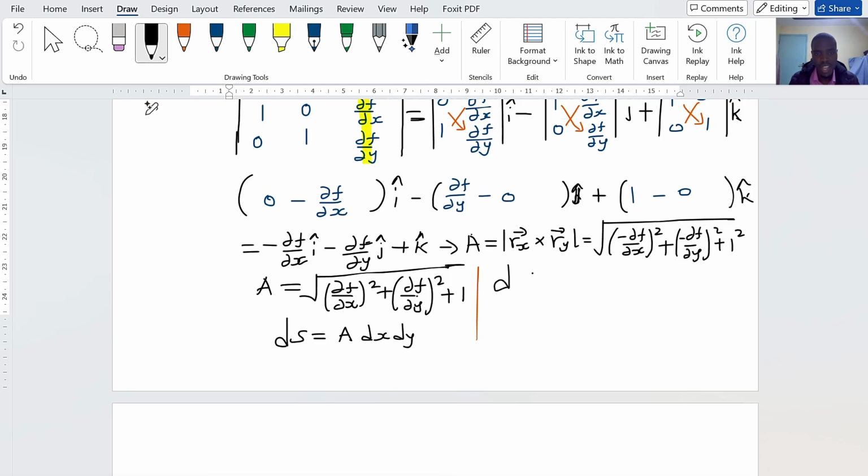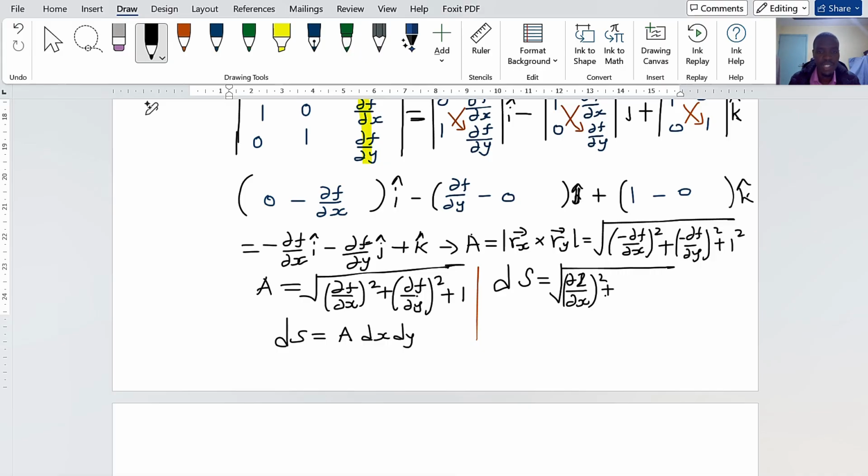The ds, which is our differential small element of area, is the square root of df over dx squared.